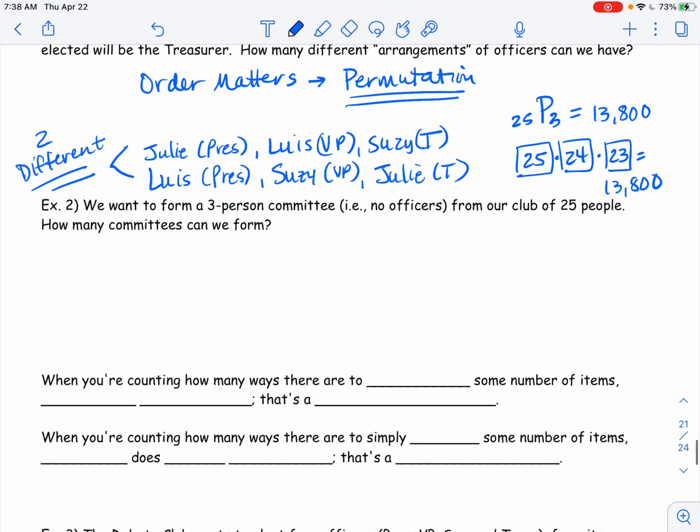Example 2, we want to form a 3-person committee. Now, it doesn't matter if it's Julie, Louis, or Susie, because that is equal to Louis, Susie, and Julie. It's still the same committee.